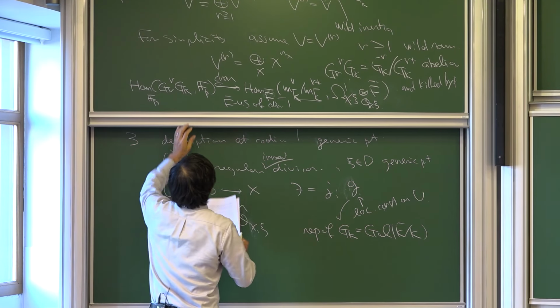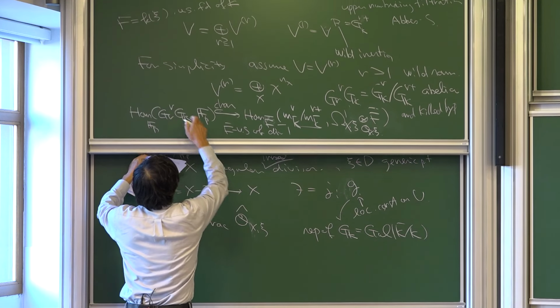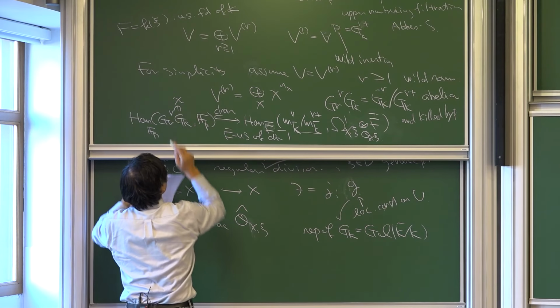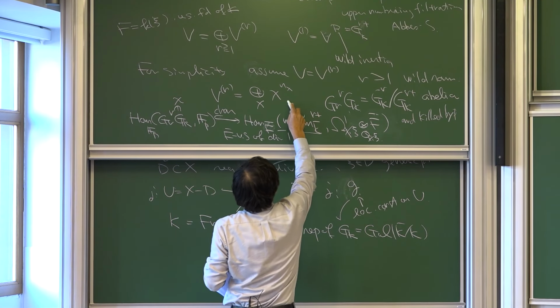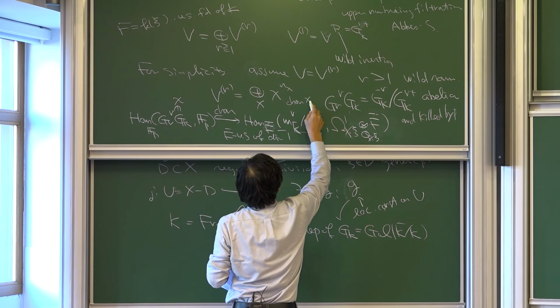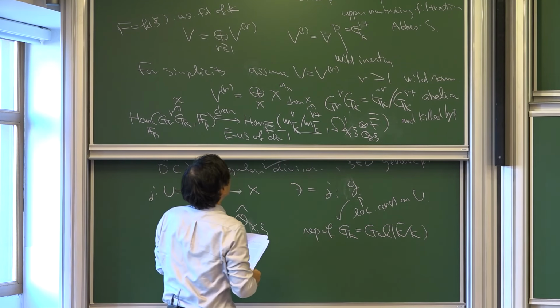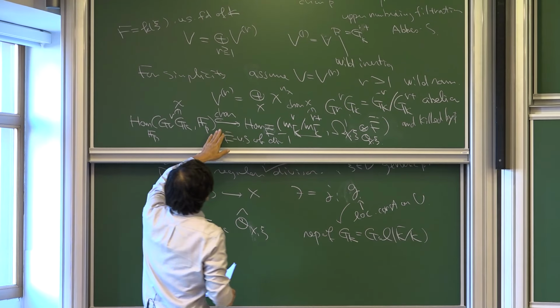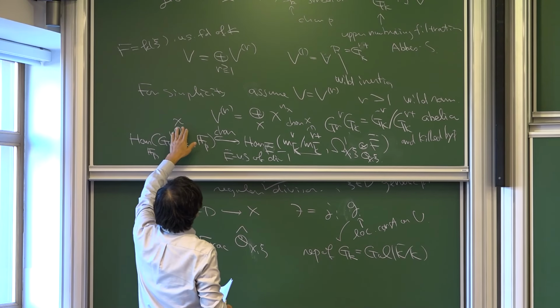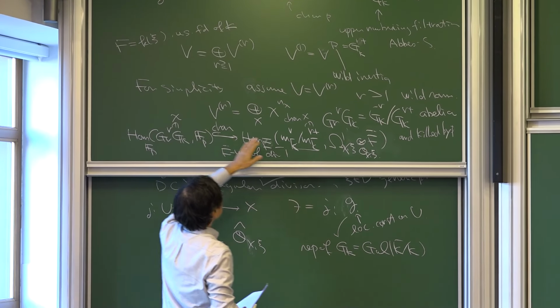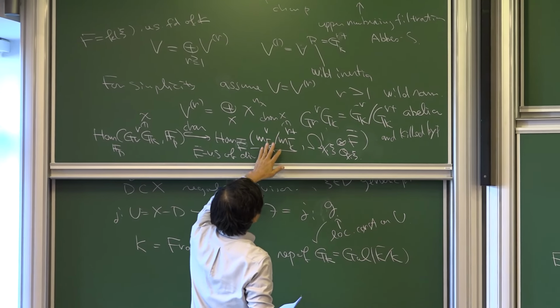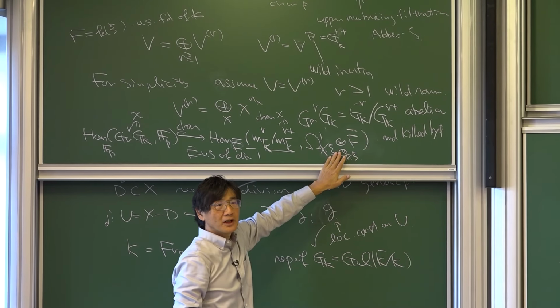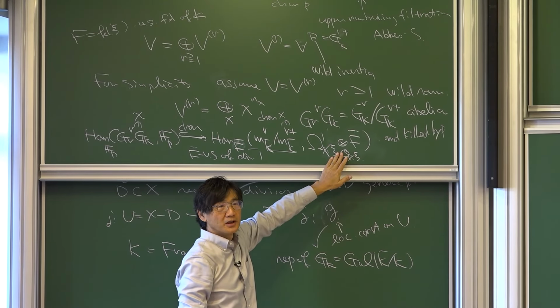So if we have a character, then we have a corresponding map here, and this is an injection. If you have a non-trivial character, then you have an injection from this line to this fiber of the cotangent bundle.